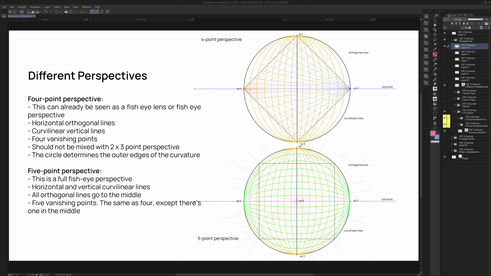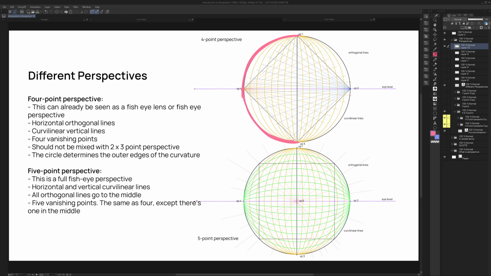And one thing that was not so easy to find information about was what decides the curvature of the curvilinear lines. And it's this circle that is created by two vanishing points like this. Of course, we should actually take this into account too.